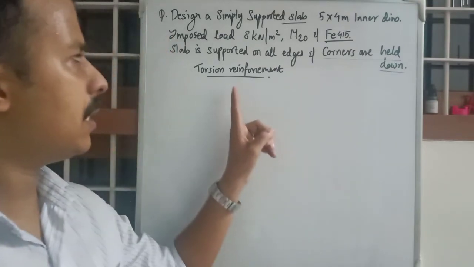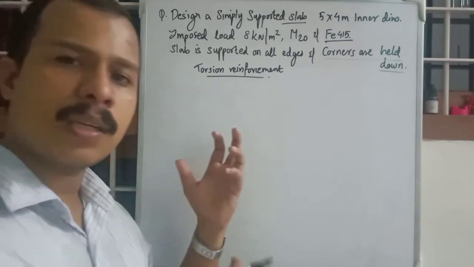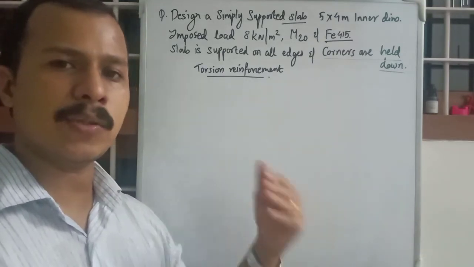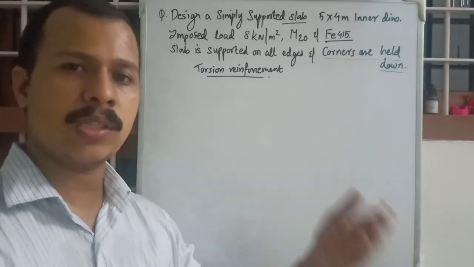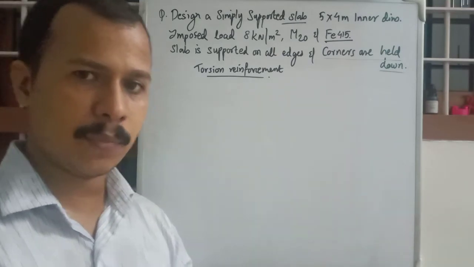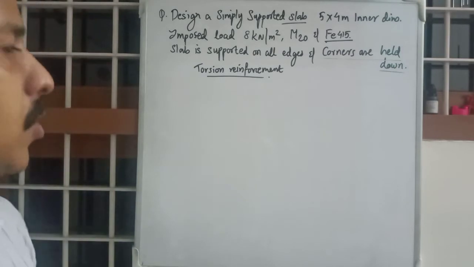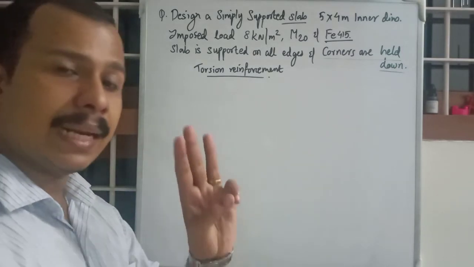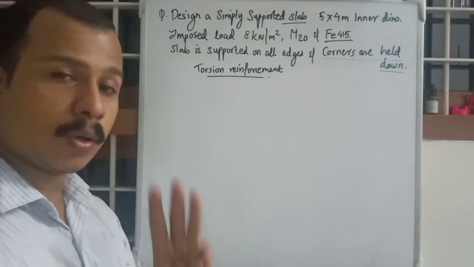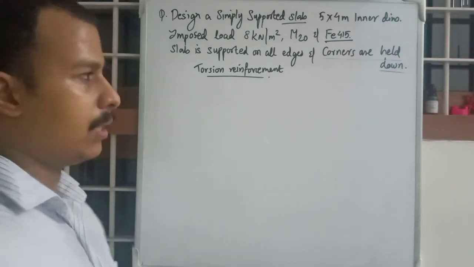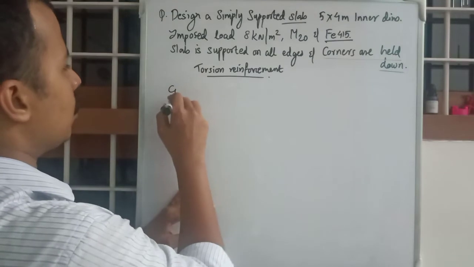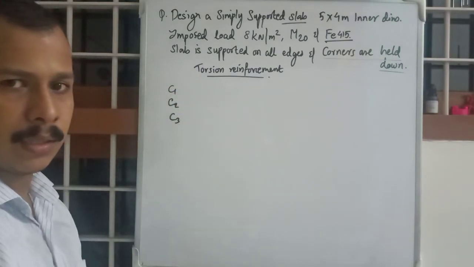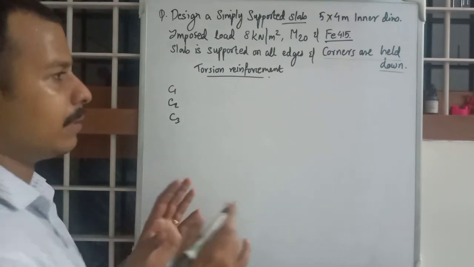As we said earlier, these restrained slabs can be of various types: 4-edge discontinuous, 3-edge discontinuous, 2-edge, intermediate slab, 1-edge discontinuous, etc. For each type of slab, there can be 3 types of supports or corners. They are C1, C2, C3. So please be attentive.